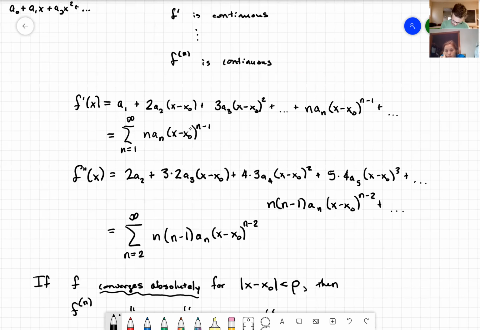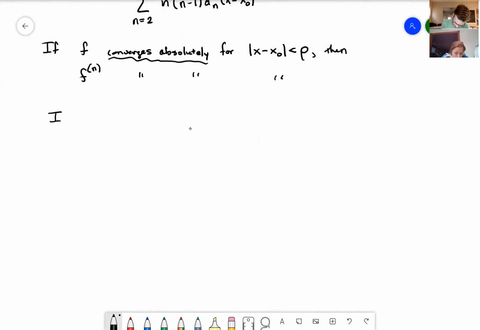We can say that if f is some function with all derivatives defined, so it's continuous, it's differentiable, its first derivative is continuous and differentiable, its second derivative is continuous and differentiable.